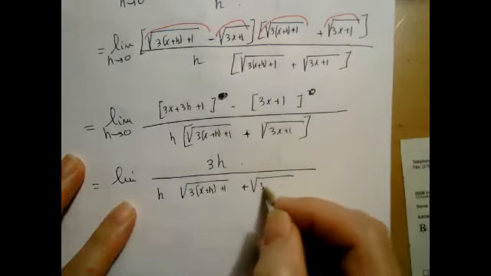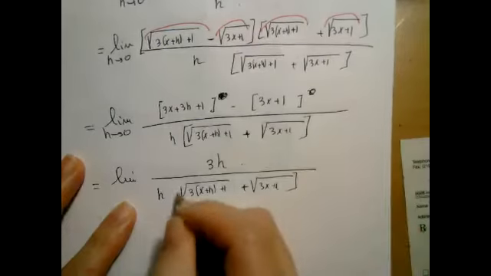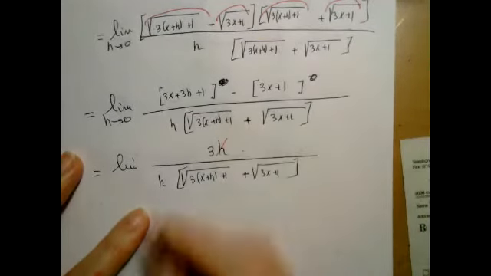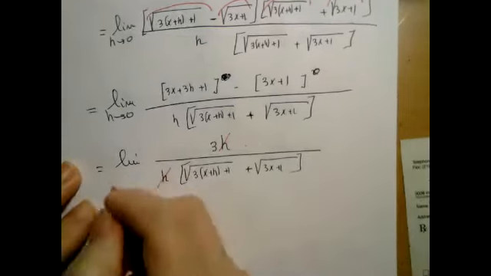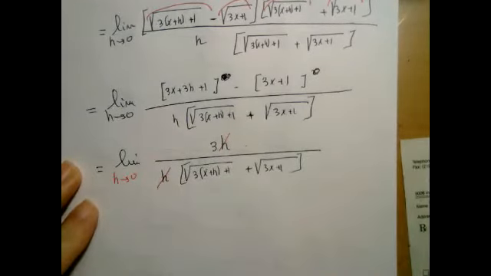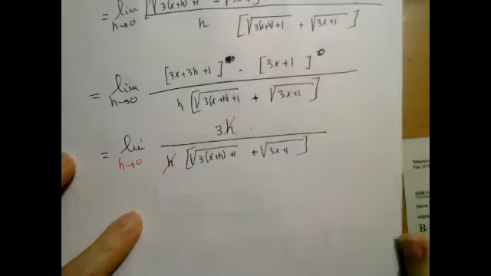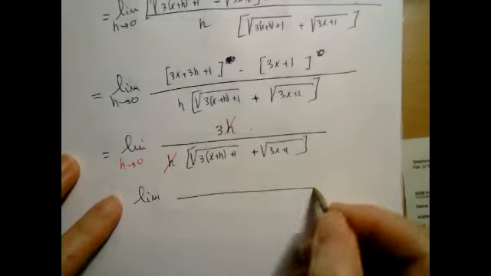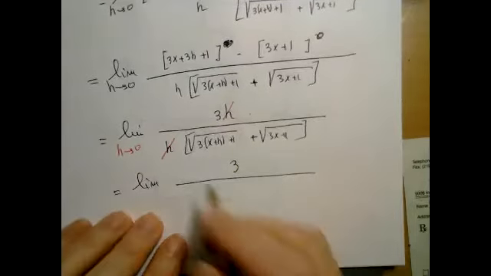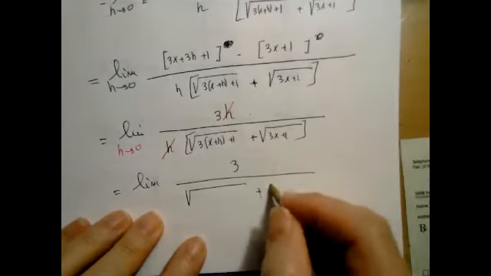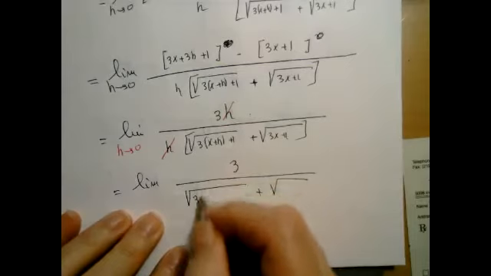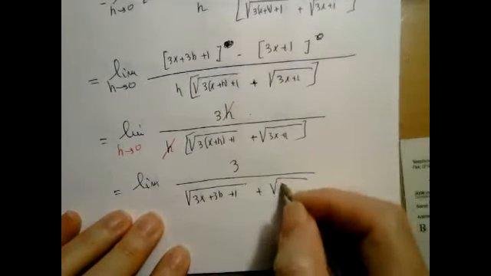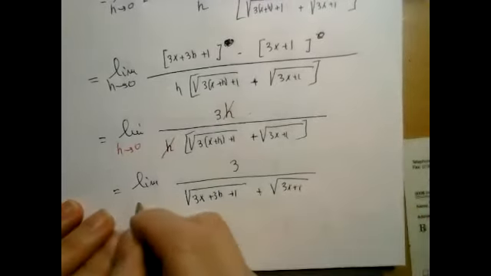Now h goes to 0. So now I don't have my h, and I will have the limit of 3 over this plus that. That gives me the square root of 3x plus 3h plus 1 plus the square root of 3x plus 1.